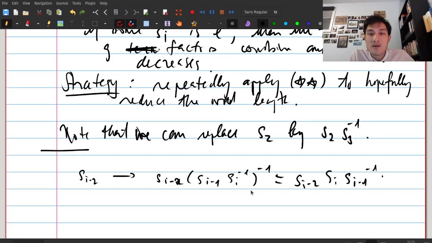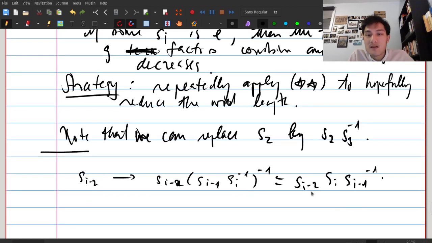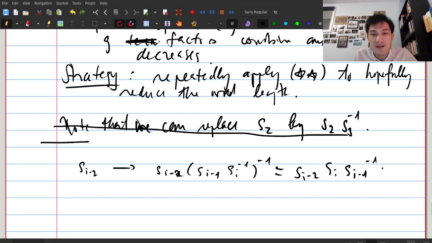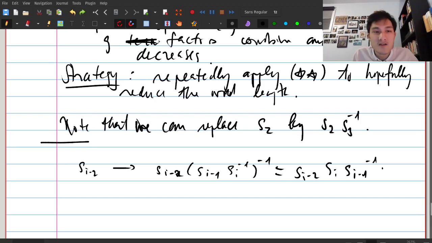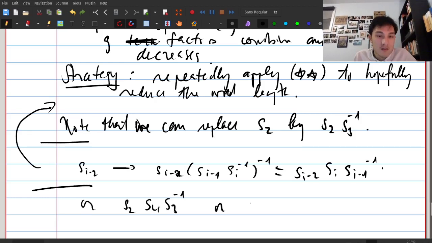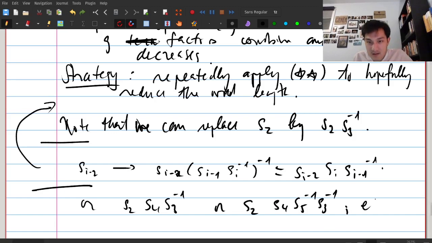Right. So we see that we can replace. So now I'm gonna move this down here. I wish I knew how to move. Okay, so this goes up here. So note that we can replace S2 by S2 S3 inverse, or S2 S4 S3 inverse, or S2 S4 S5 inverse, S3 inverse, and so on.